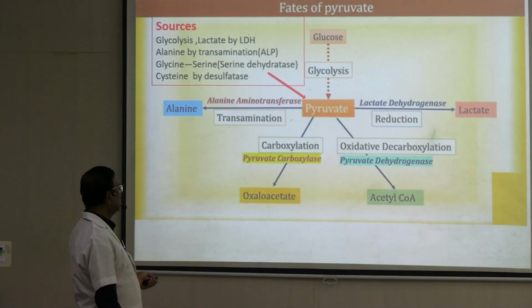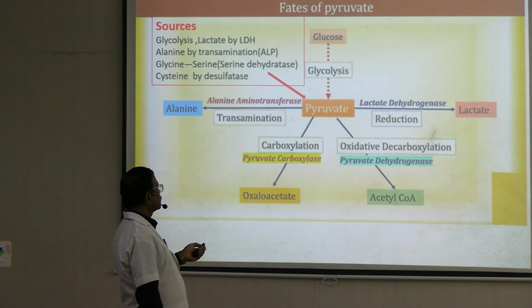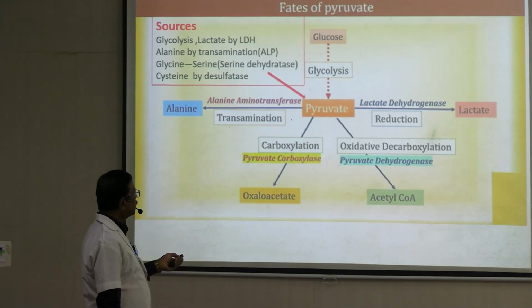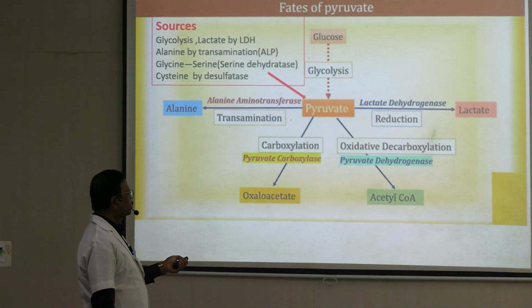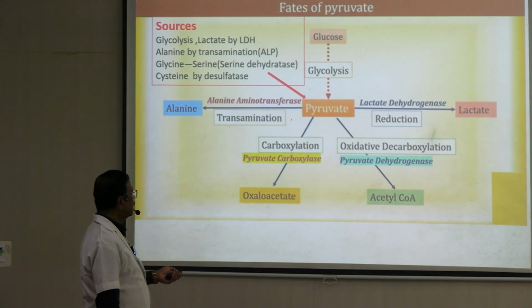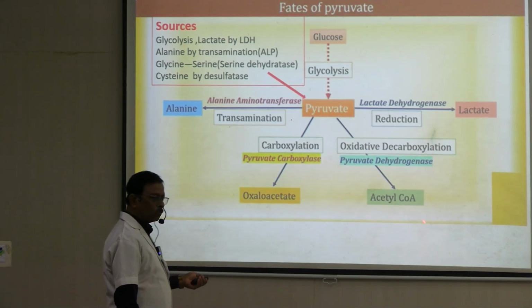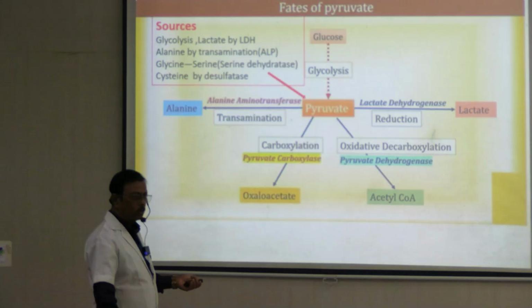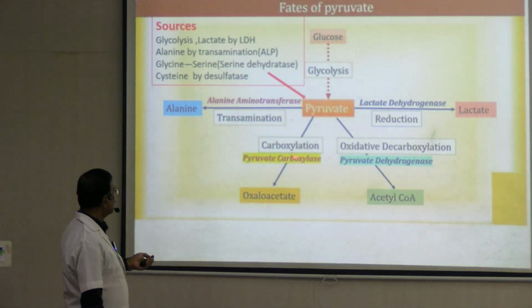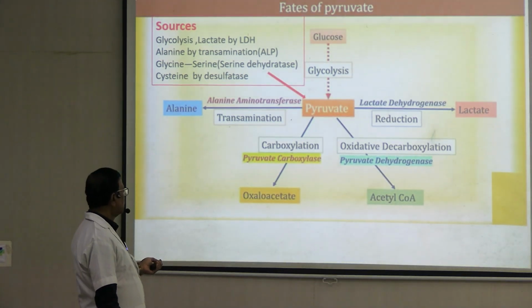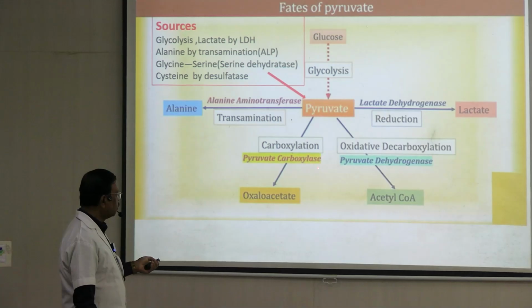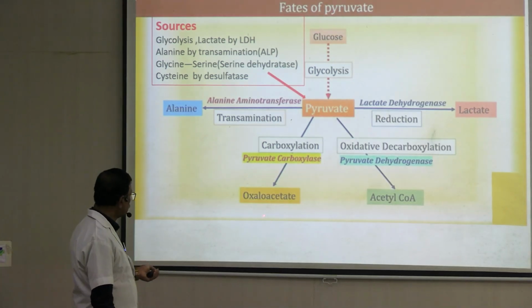Pyruvate is used mainly in the tricarboxylic acid cycle. From pyruvate, there can be lactate formation through lactate dehydrogenase. Through oxidative decarboxylation, acetyl-CoA can be produced, which can go to the TCA cycle. Then pyruvate, by pyruvate carboxylase enzyme, can be converted to oxaloacetate.